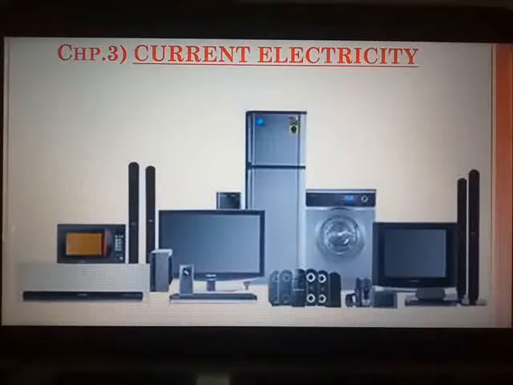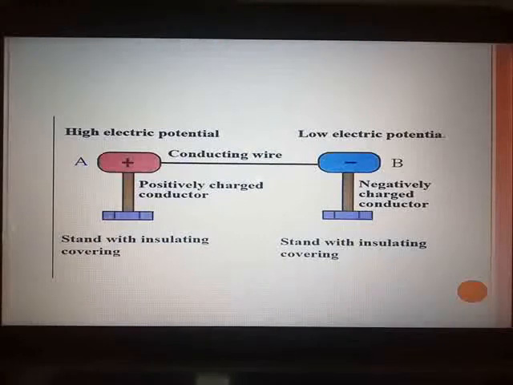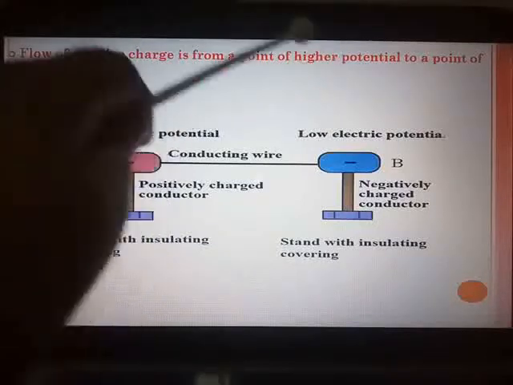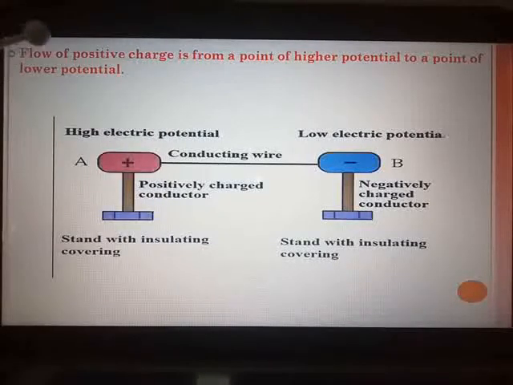Our first term for this chapter is electric potential. The electric charge between two points depends on a kind of electric level at those points, which is known as electric potential. And here the first very important concept is that the flow of positive charge is from a point of higher potential to a point of lower potential.